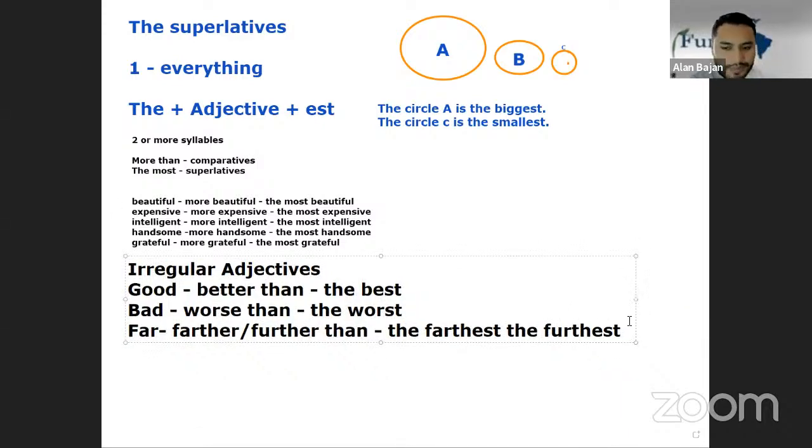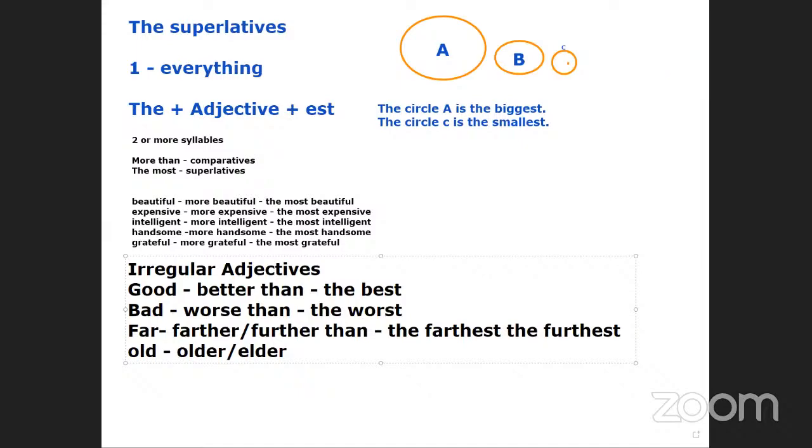You know what? Old is irregular, because you can say older or you can say elder. Everybody missing their missions. Todos extrañando su misión ahorita. Older. Elder.